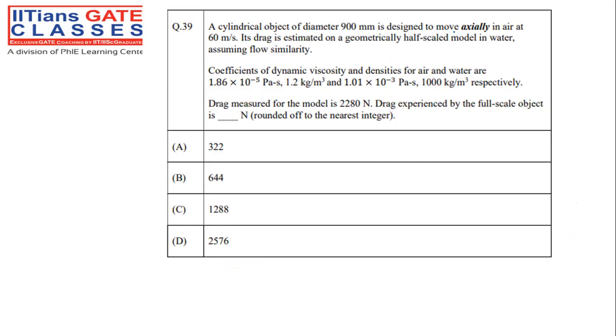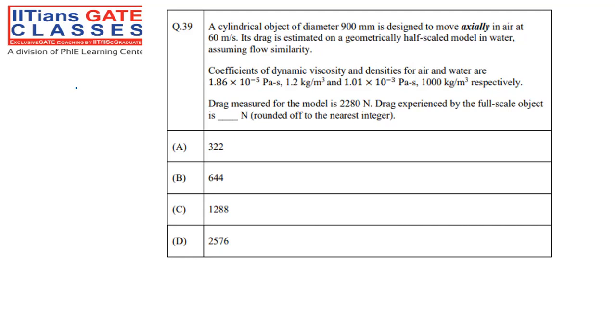That means this is a prototype, and the prototype has been observed in the air medium. This prototype is moving with some velocity, 60 meters per second. Its drag is estimated on a geometrically half-scale model in water. That means the model has not been tested in the air; it has been tested in the water. Assuming the flow similarity.